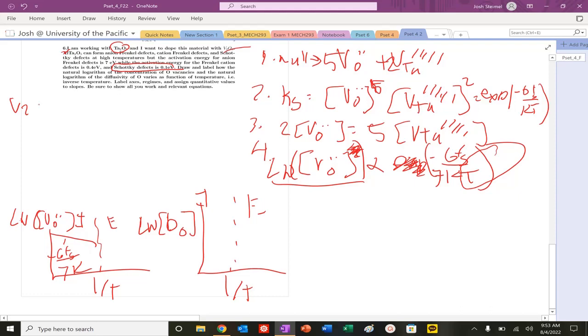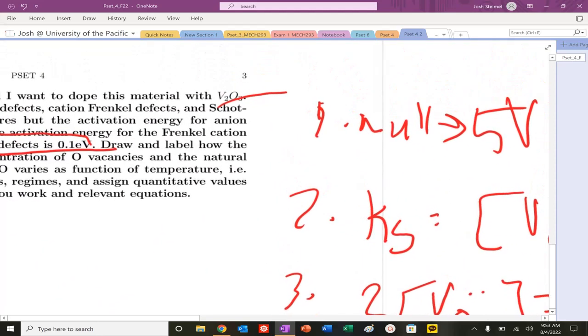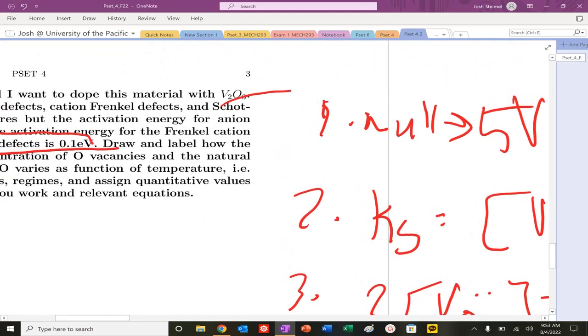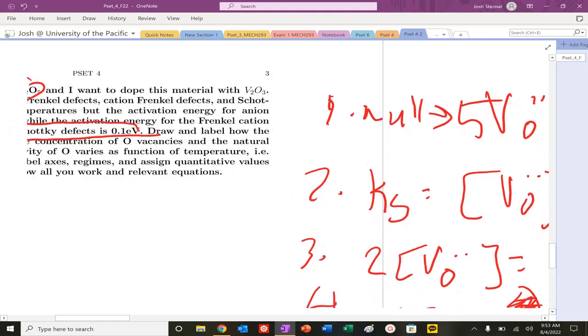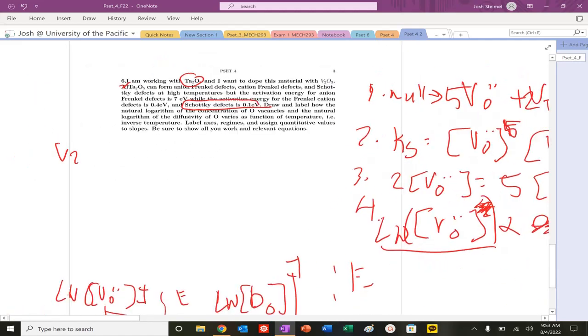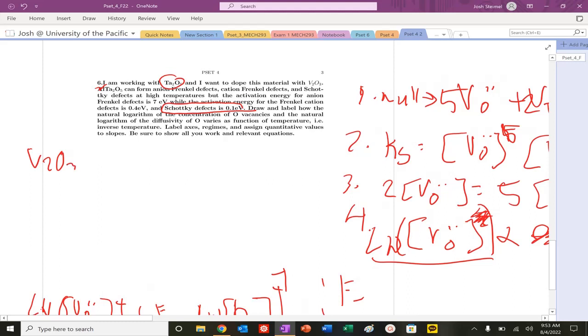What is it? V2O3? Yep, V2O3. V2O3 goes into Ta2O5. So I need vacancy of oxygen, 1, 2, plus vanadium on tantalum, 5 plus 3 plus is minus 2.